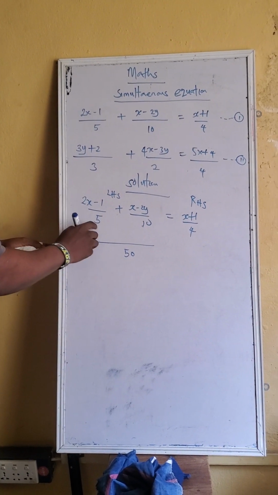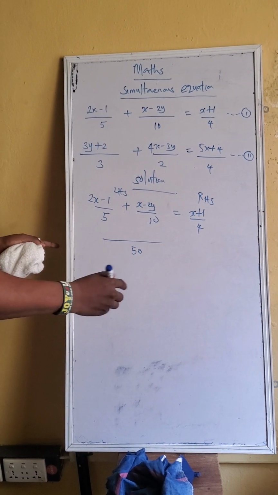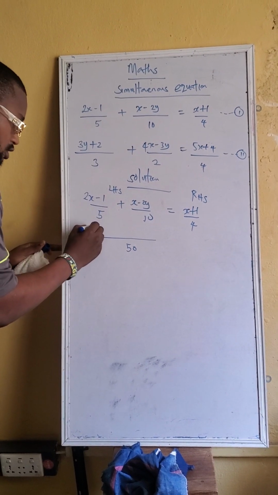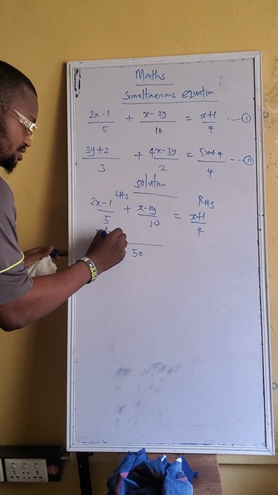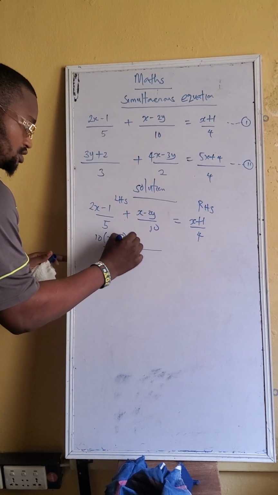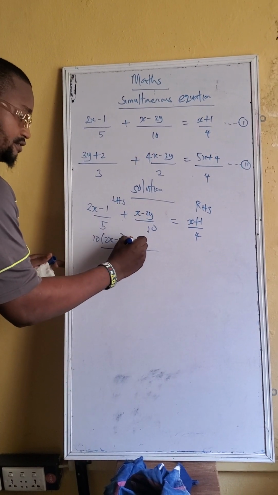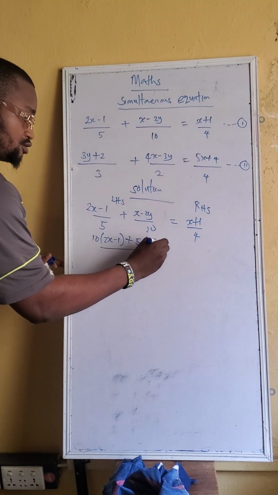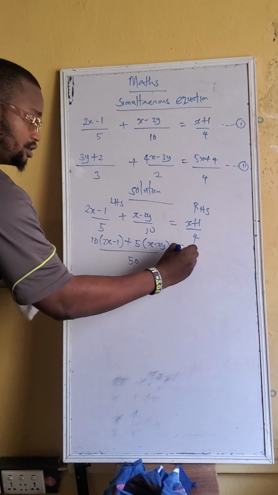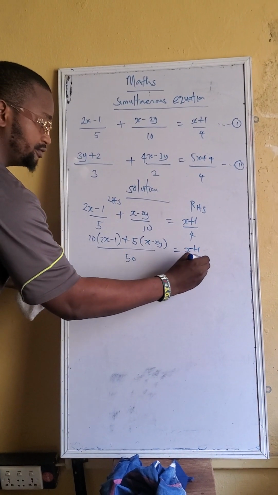Now 5 in 50 is 10. So we have 10, open bracket, 2x minus 1, plus 50 in 10 is 5, 5, open bracket, x minus 2y equals what? x plus 1 over 4.